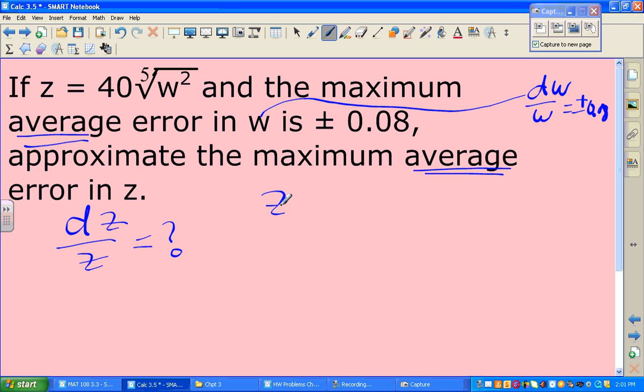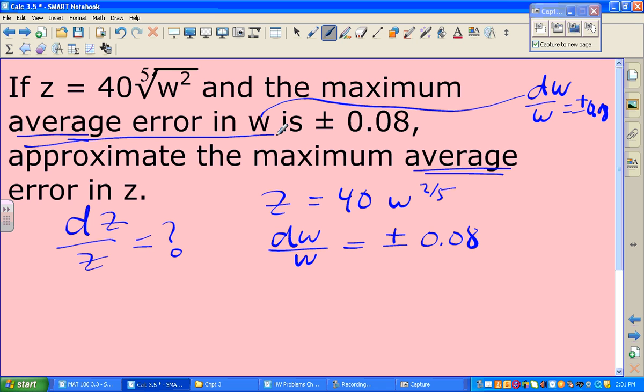I know Z equals 40 W to the 2/5. You don't know W. The average error in W is plus or minus 0.08. You don't know what value it is, you know it's off a little bit.